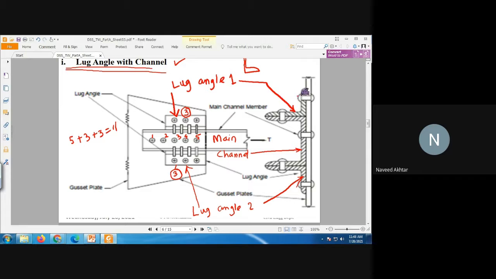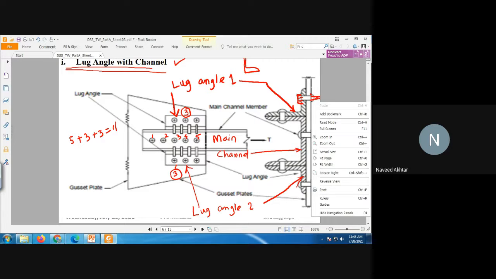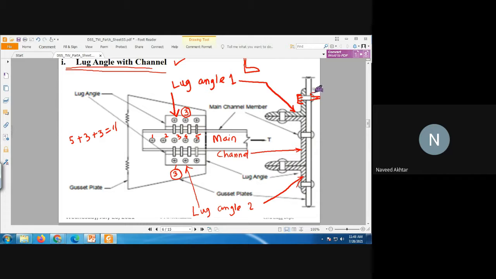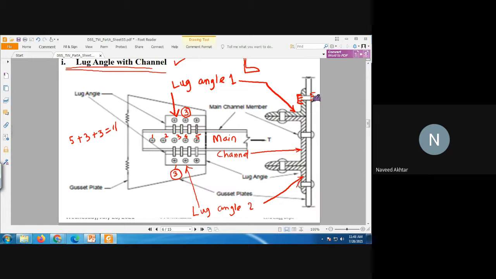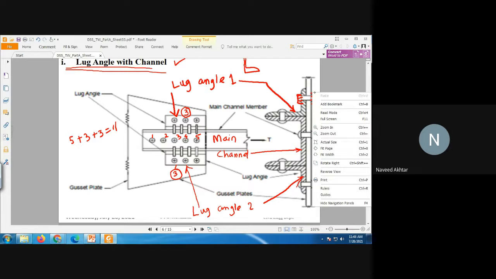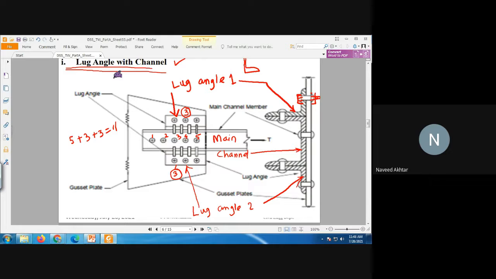This bolted connection you have to show like this, and the nut will be shown at the bottom portion. So you can provide the bolt. Okay, in our scope only bolted connection is there.